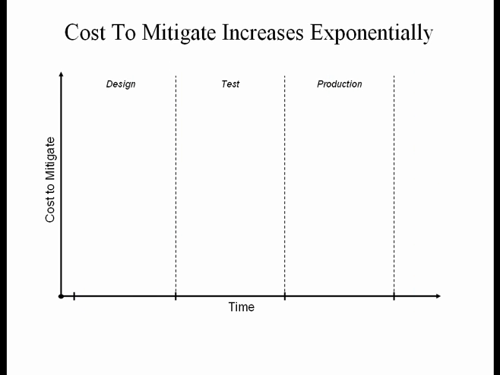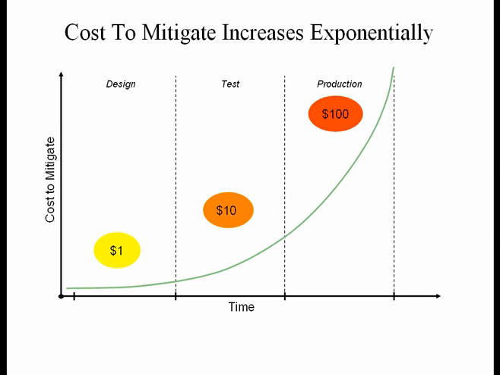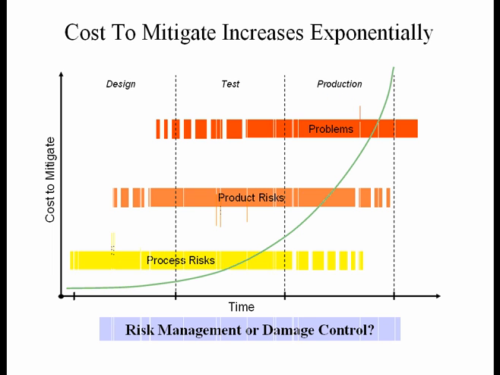Still, while we may not know exactly what the negative impact will be if you skip a recommended engineering process, we do know that as a program transitions from one phase to the next, there's an exponential increase in the cost of mitigating risks or problems. Given that this is the case, it just makes sense to focus on process risks in the early stages of a program so that you can avoid more costly problems later on.